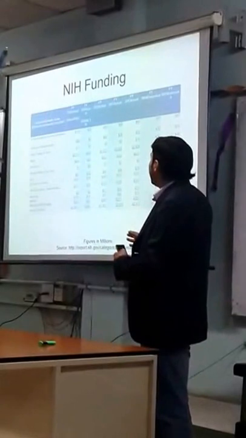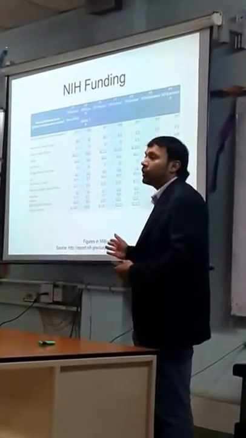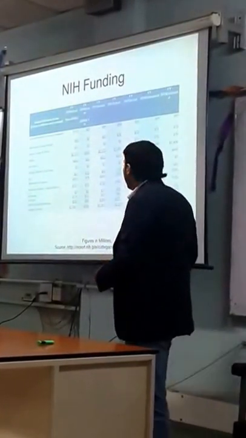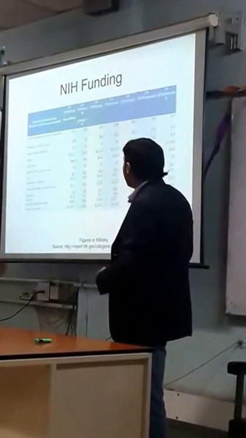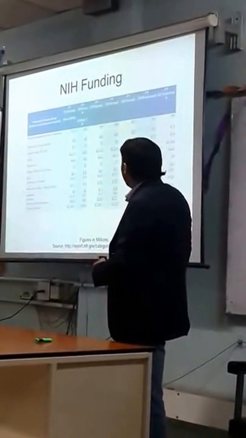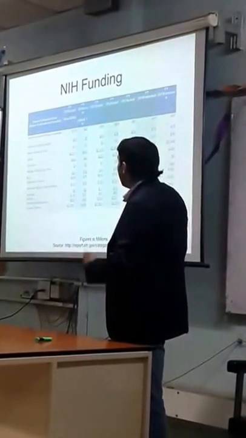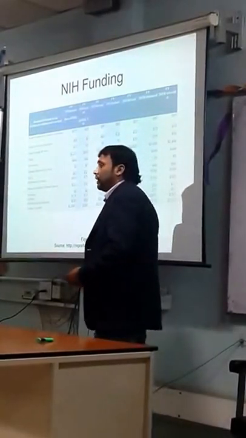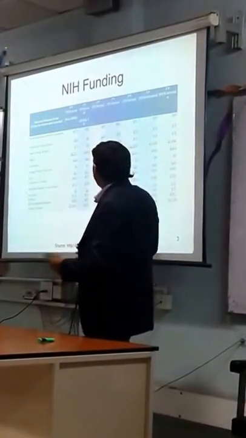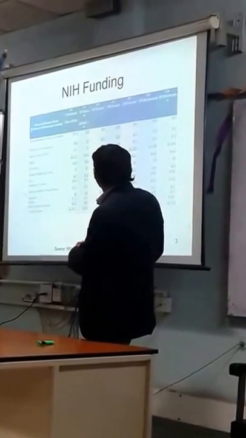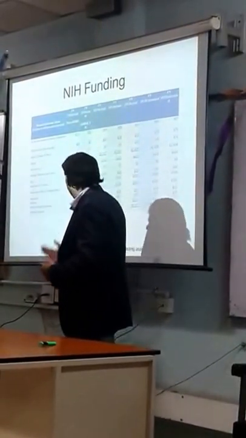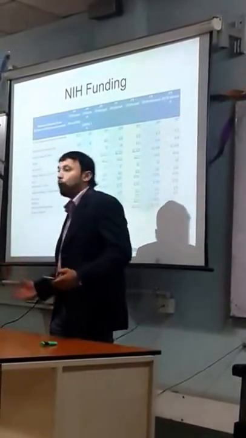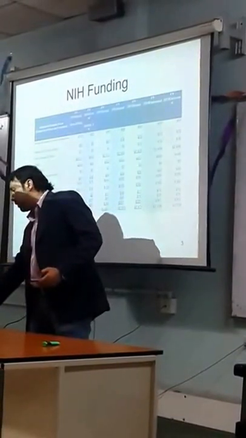Say for example, by the National Institutes of Health in the US, for human genomes there's about $2,000 million, and for aging research there is about $2,500 million. That's the amount of money being poured in every year, and the number is increasing. That shows the importance of why these researchers should be funded and supported.